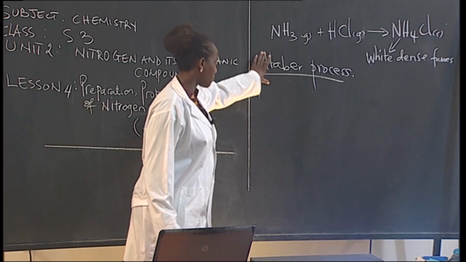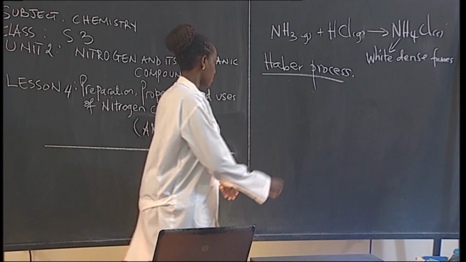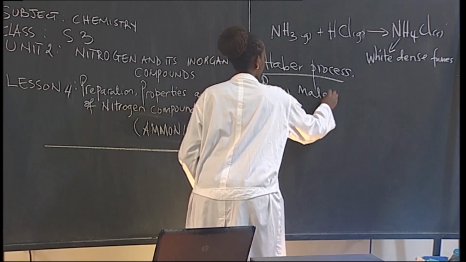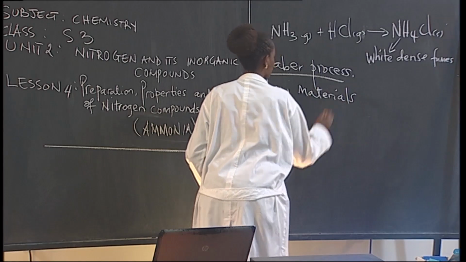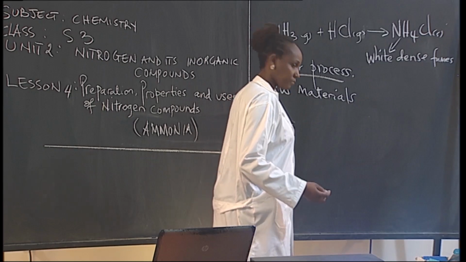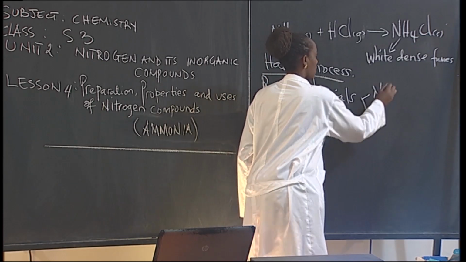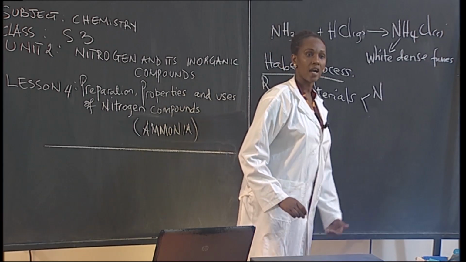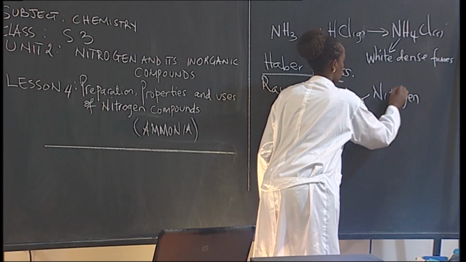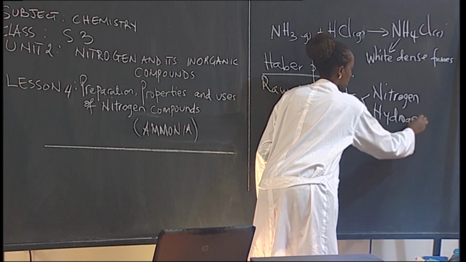So in the Haber process, there are things we need to have. Those are raw materials. The raw materials we are supposed to have are majorly two: nitrogen and hydrogen.